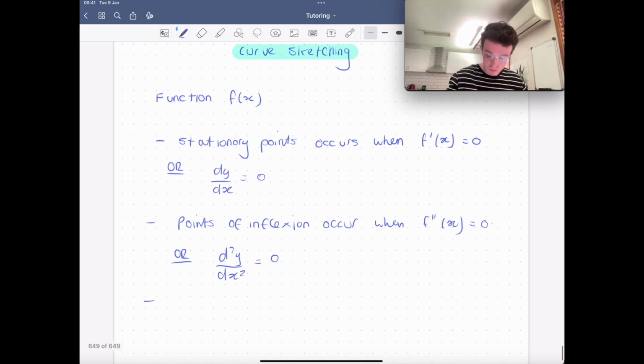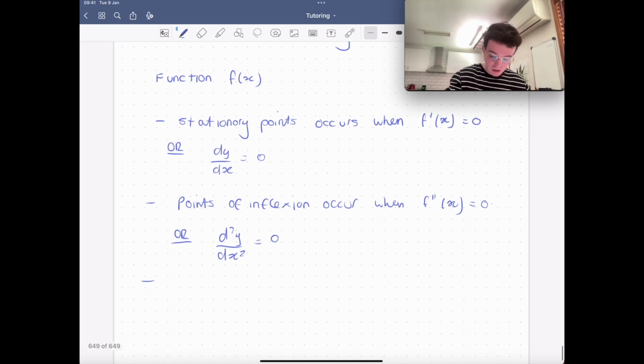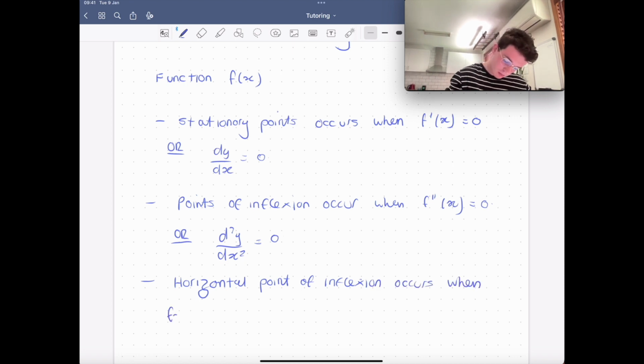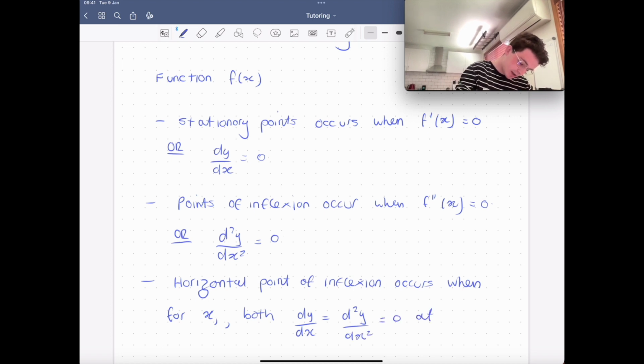Now, there's one more type, and it's called a horizontal point of inflection. It occurs when, for some x1, both dy/dx and d²y/dx² equal 0 at the point x1.